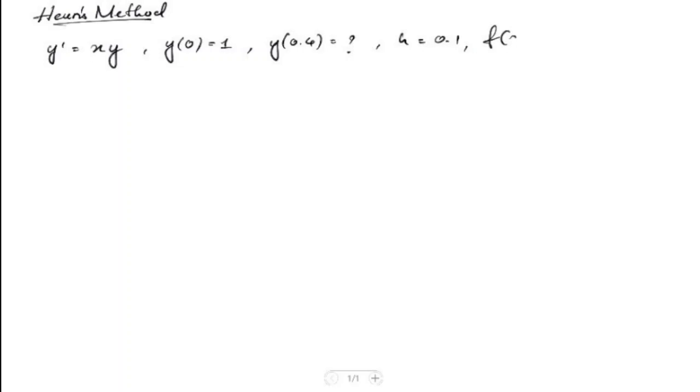Our function at x comma y is this one here, in the format dy by dx equal to f of x comma y. So we can solve this by using Heun's method, and therefore our function at point x comma y will be x times y.